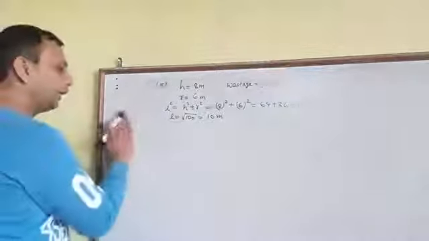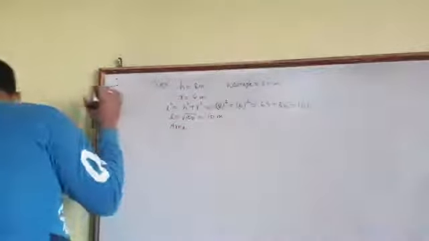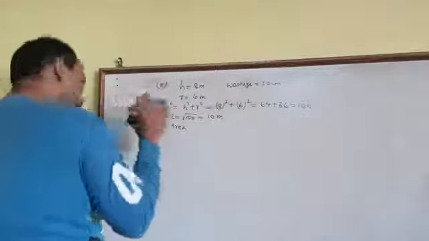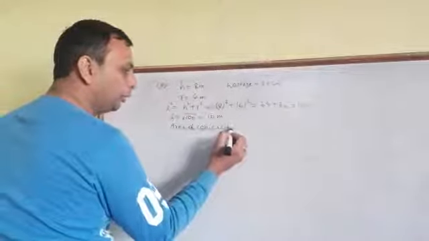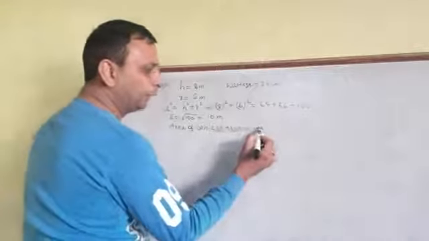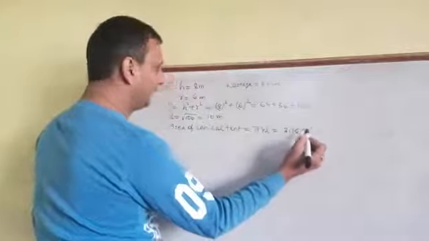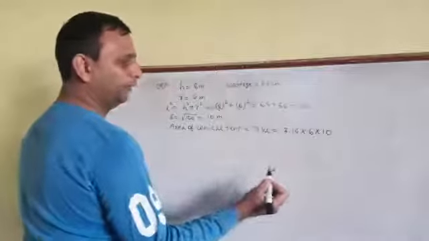Now I need the area. The area of the conical tent, meaning the tent in the shape of a cone, will be equal to the curved surface area. Curved surface area is pi r l. The pi value, as mentioned, is 3.14, radius 6, slant height 10.